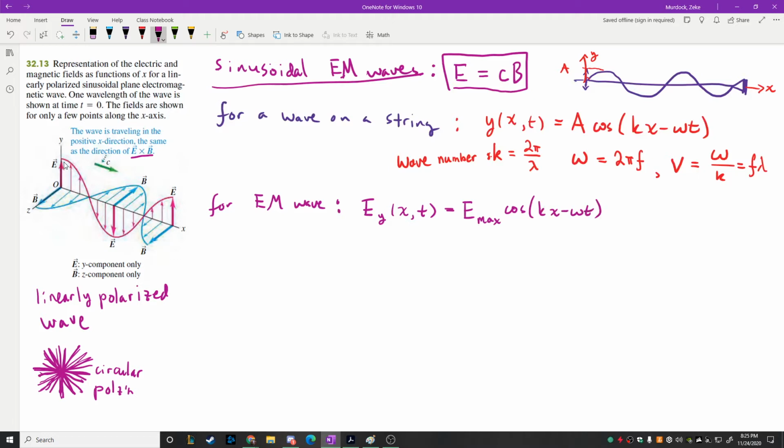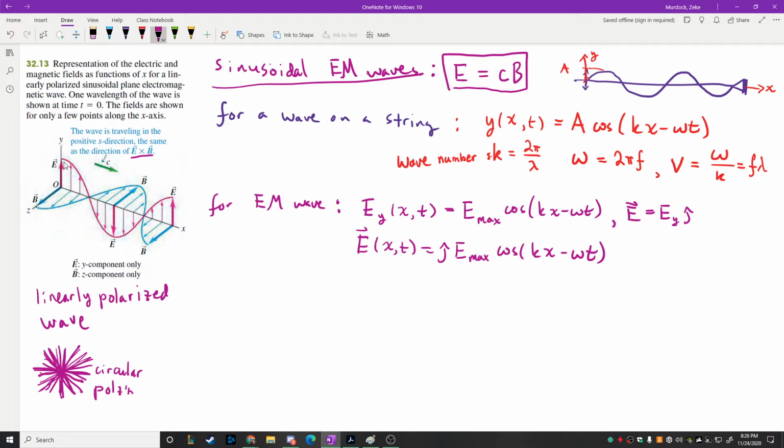That's just the y component, which implies basically that the electric field at any moment in time is just equal to that value, Ey, multiplied by j hat. If you wanted to write it as a vector, you'd write E as a function of x and t is equal to j hat times E max times the cosine of kx minus omega t.